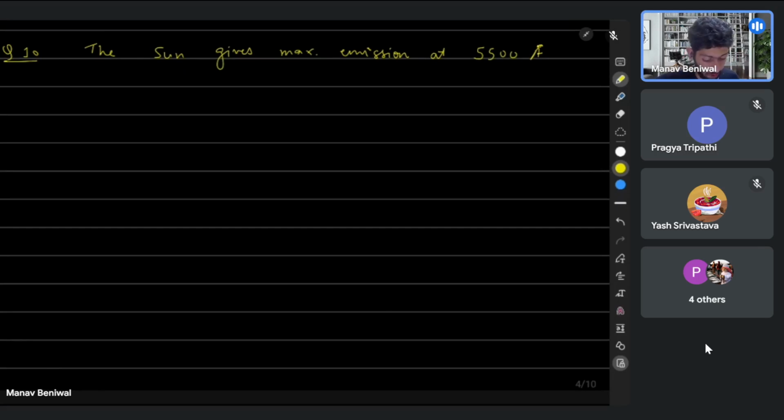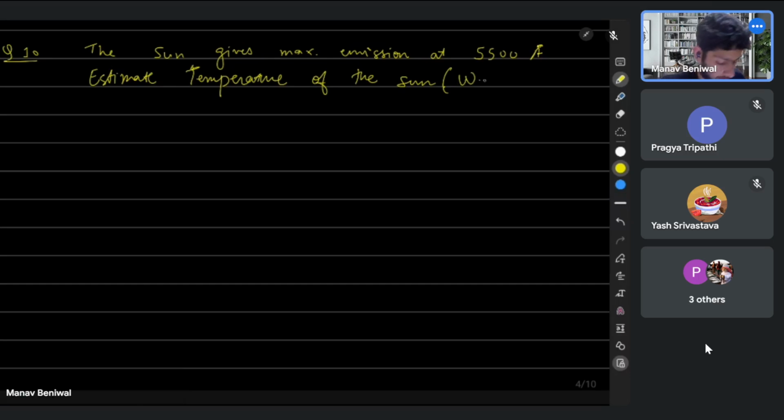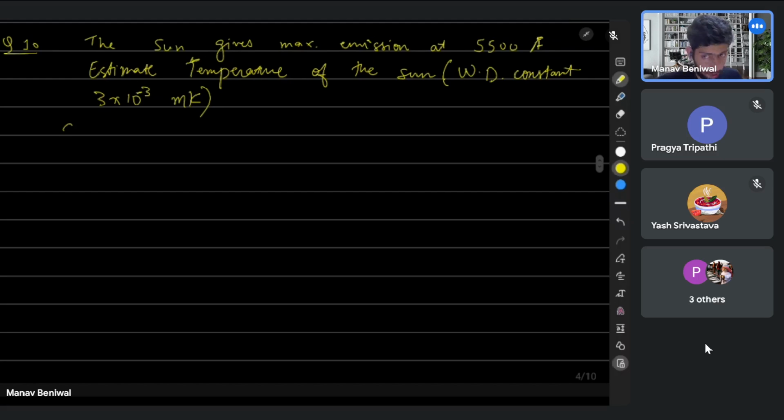What you have to do now is estimate the temperature of the sun, and it is given that the Wien's displacement constant is 3 into 10 to the power minus 3 meter Kelvin.